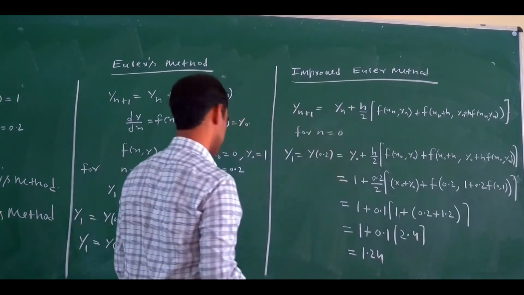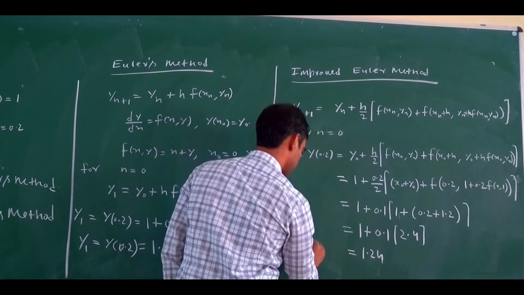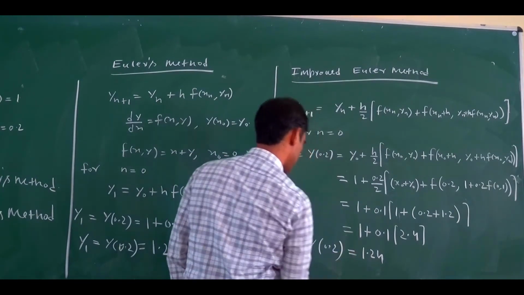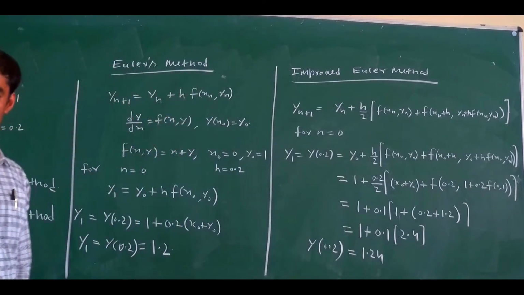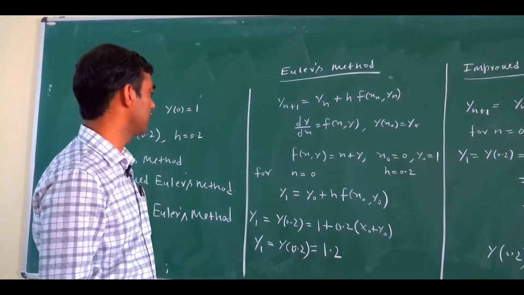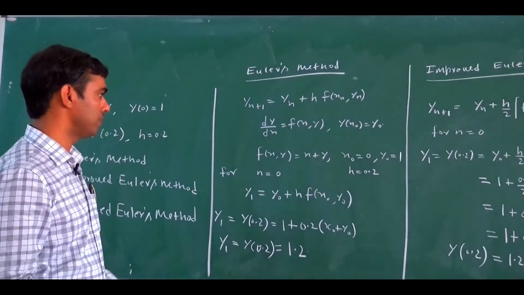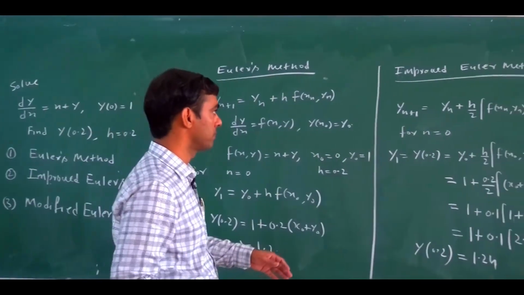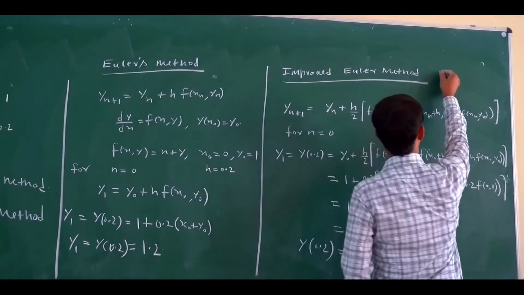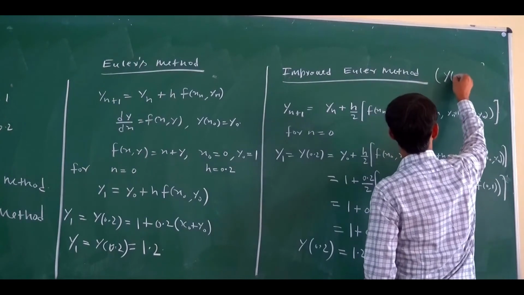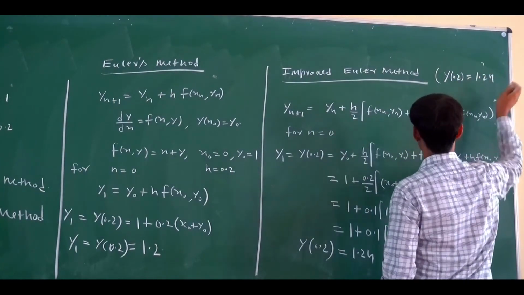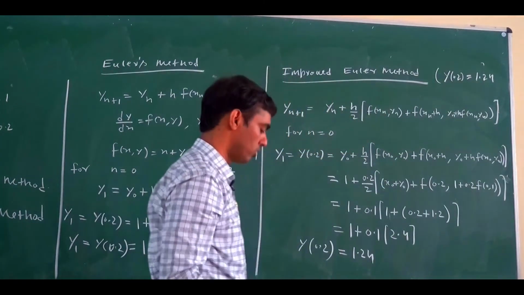This is the result at y(0.2) by the improved Euler method. So we note down the result: y(0.2) = 1.24.